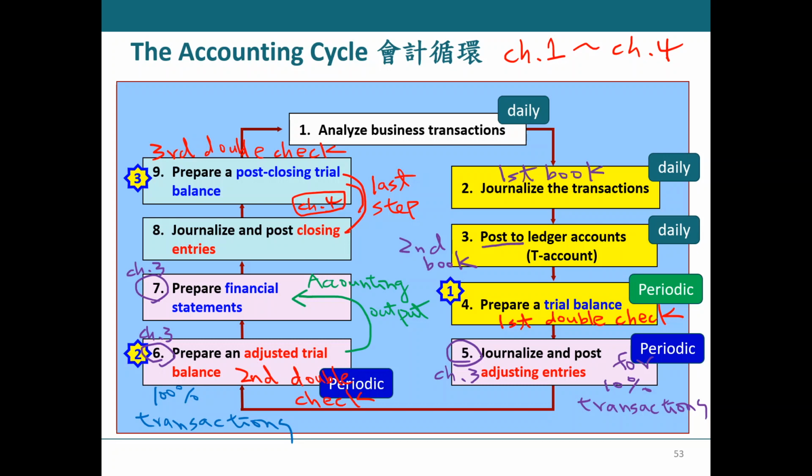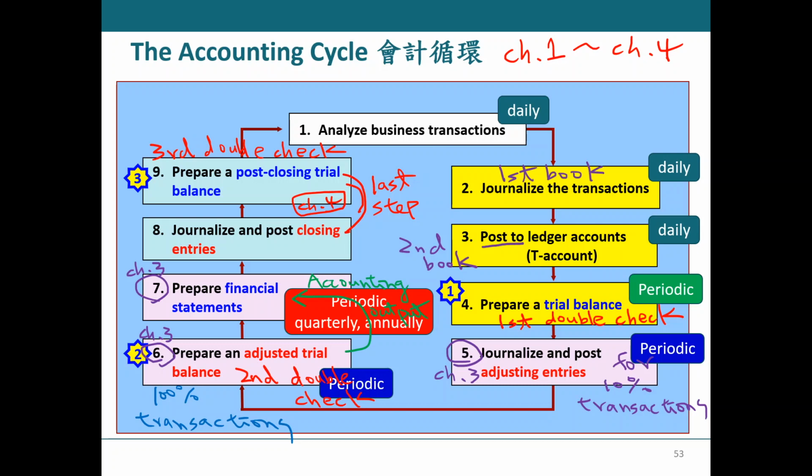But the accounting period could be 1 month, 1 quarter, 1 year, quarterly or yearly, because monthly, 1 month, the time is too short, so we don't have much time to finish our accounting output. Impossible. Because companies have many transactions each day. So how could we finish so many transactions and prepare our financial statements within 1 month?